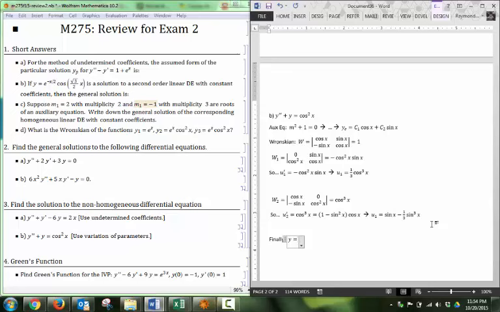Y is going to equal YC, which we found already, and then we want to add on YP, and remember that YP is actually equal to U1 times Y1 plus U2 times Y2.